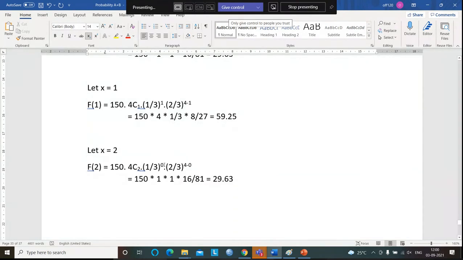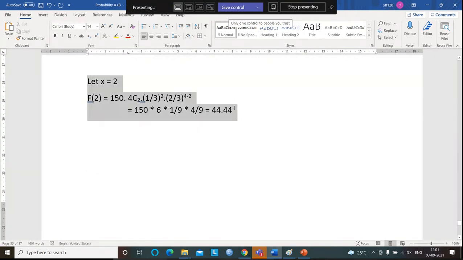So next, 4C2 into (1/3) to the power of 2 into (2/3) to the power of 4 minus 2. 150 is always 150. 4C2 in combinations is 6. (1/3) squared becomes 1/9. (2/3) to the power of 4 minus 2 means 2 squared, which is 4, divided by 3 squared, which is 9. So 4/9. Then our answer will become 44.44.